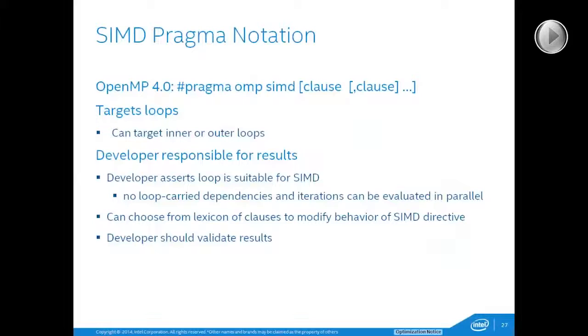For example, if you have some data dependence in your loop, like if your previous iteration's value is what is used in the current iteration, you don't want to vectorize those kinds of operations, because when you explicitly vectorize those by using pragma simd, you are potentially going to get wrong values. So you've got to make sure, as a developer, when you use pragma simd or pragma omp simd, that the loop is a perfect candidate for vectorization.